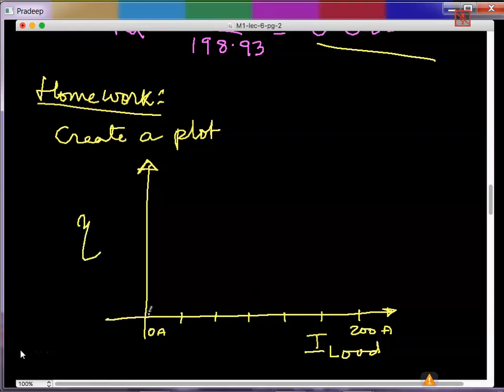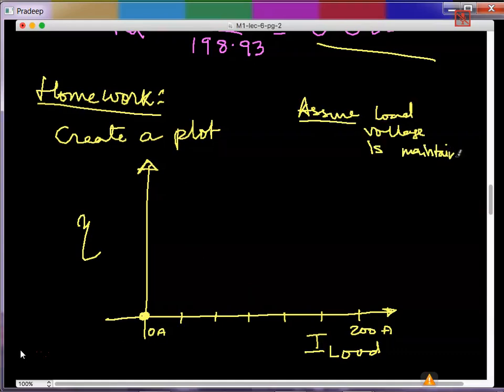Of course the efficiency will be 0 when the load current is 0 because P out is 0. So how the efficiency is varying with this. Assume load voltage is maintained at 230 volts always.